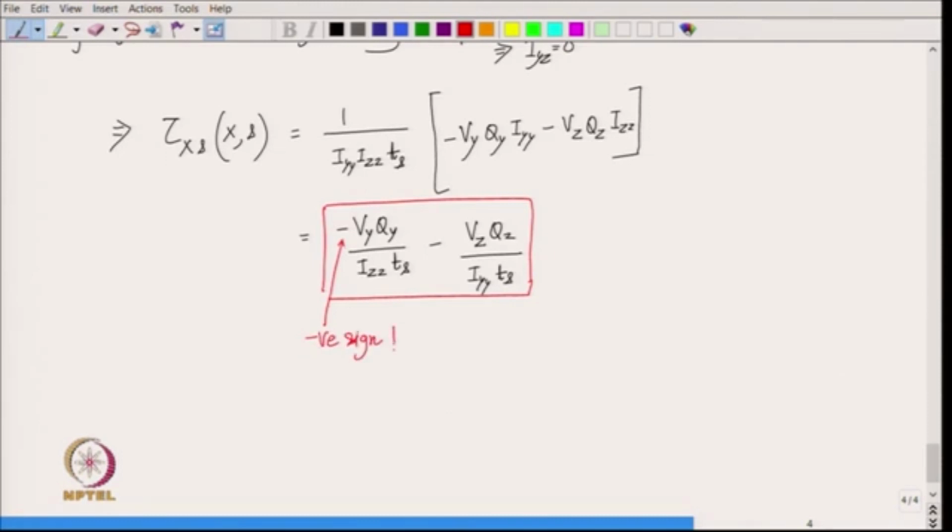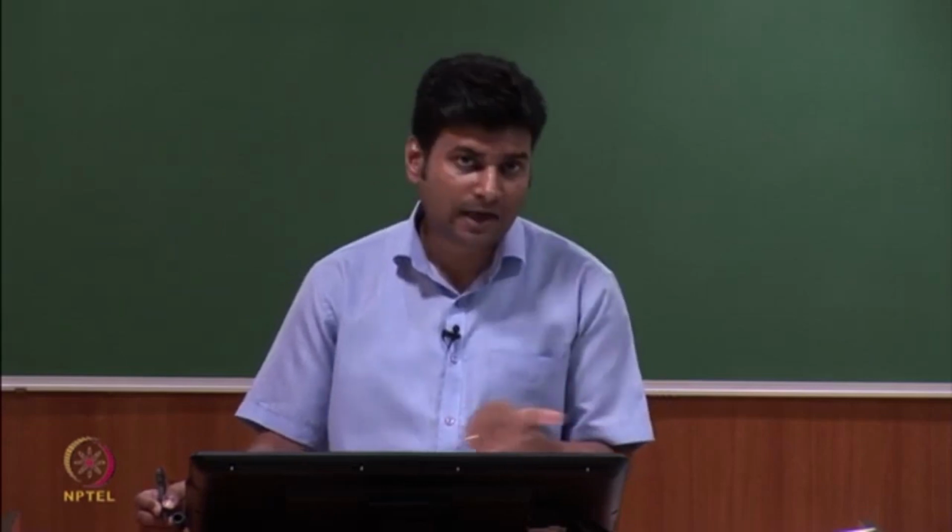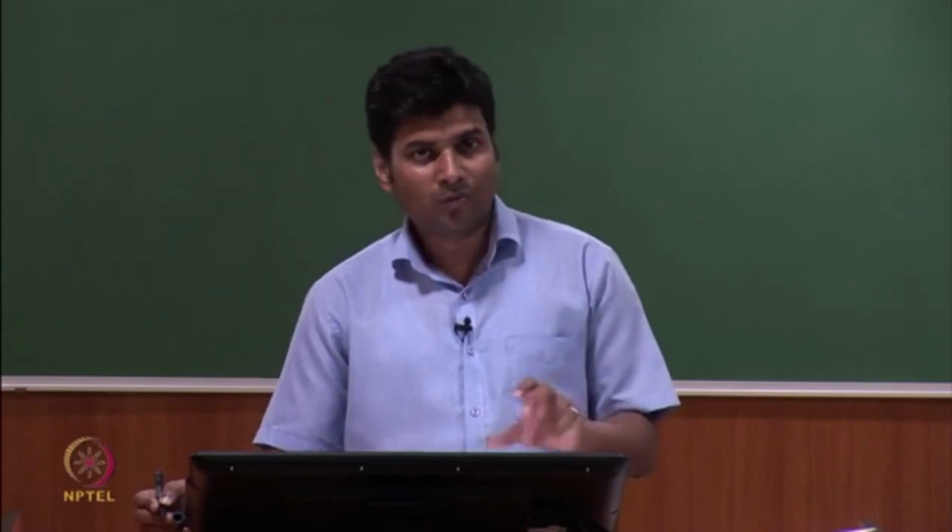And what is the reason? It is simply because tau x s is now for the s plane. On the s plane, it is pointing in the positive x direction. Earlier, it was for the negative y plane, therefore, it was pointing in the negative x direction. So, we have a difference of minus sign now.